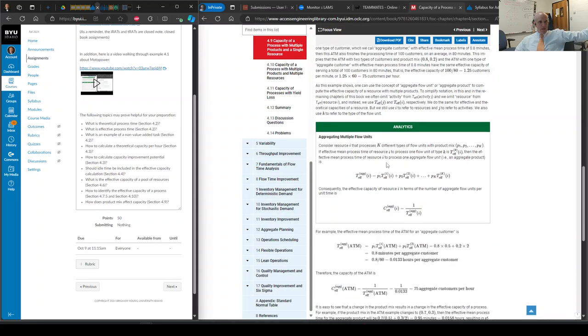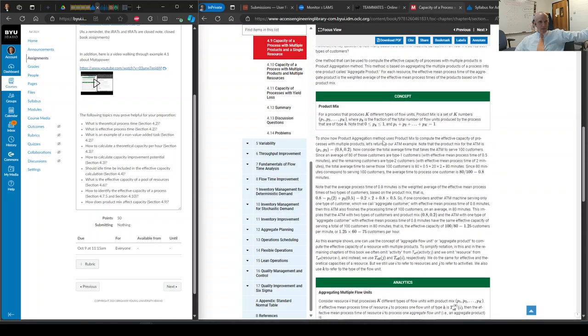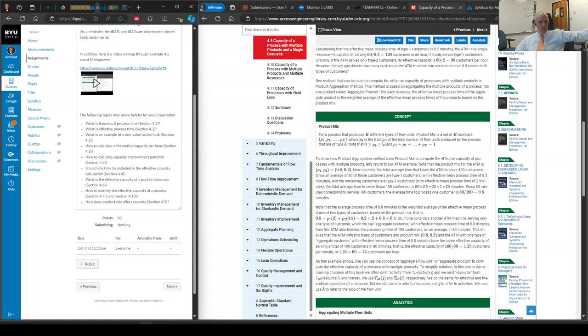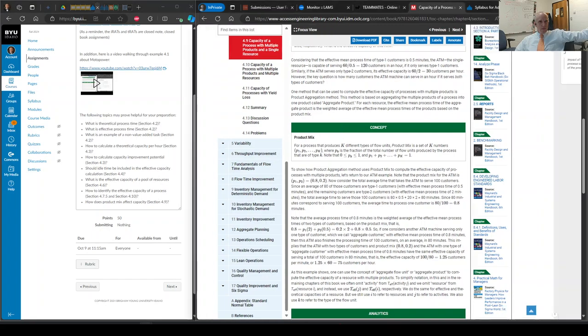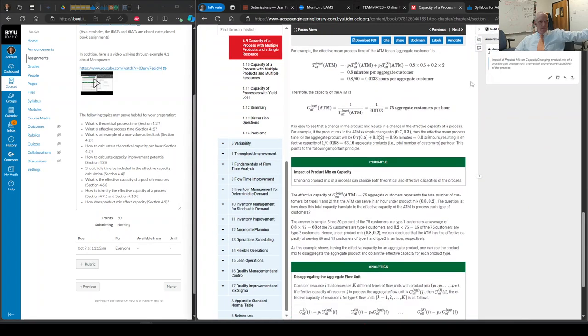In this particular case, let's see, where is it? I'm pretty sure I highlighted it. Where's my highlight? Here it is. The principle is the impact of product mix on capacity. Changing product mix and process can change both the theoretical and effective capacities of the process. That's the principle. That's the idea.